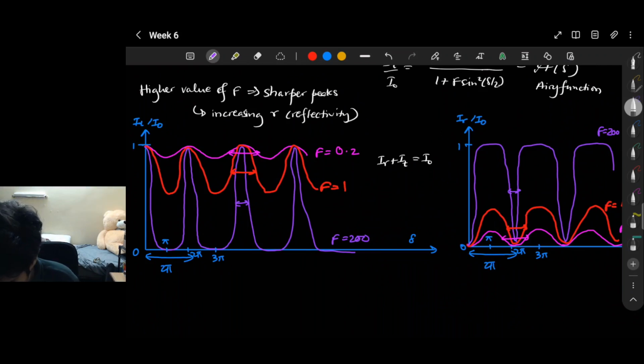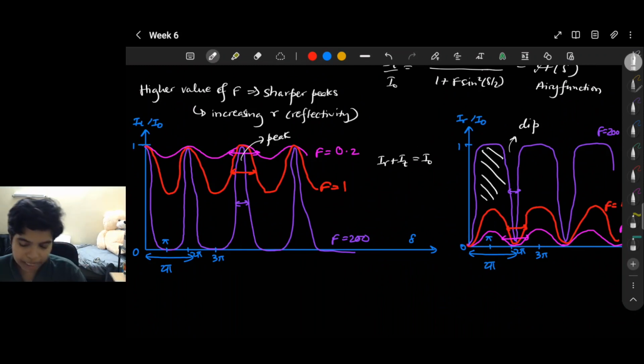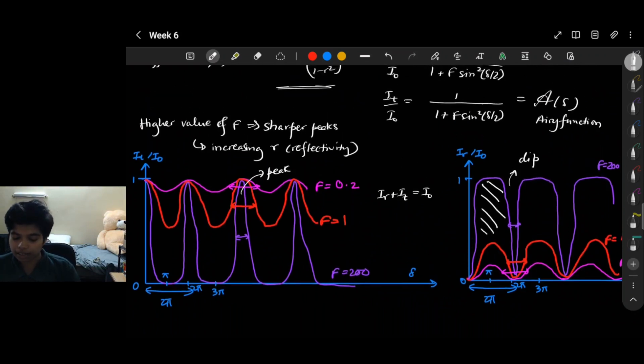If you look at the peak, then you can say that this is a peak, but this is fat. And this part right here, this is a dip, and for here, this is a peak. So transmission peaks become sharper as reflectivity increases. Similarly, the reflecting dip becomes sharper as the reflectivity increases.